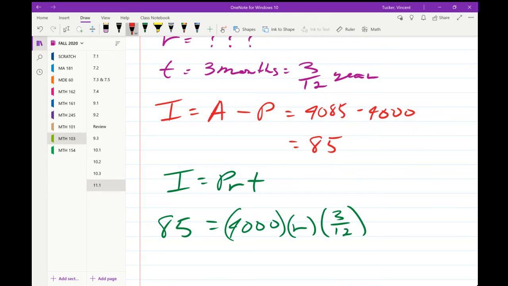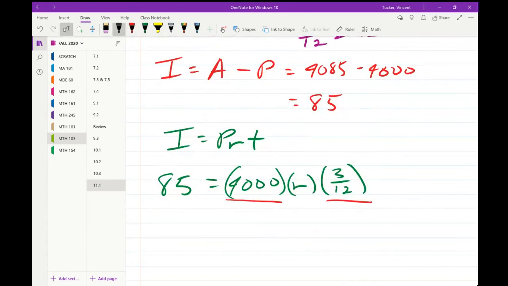We can reduce that by going ahead and multiplying the 4,000 and the 3/12, and that would be 1,000.